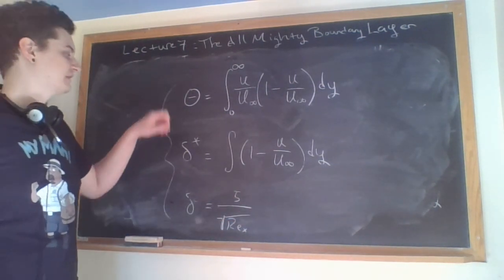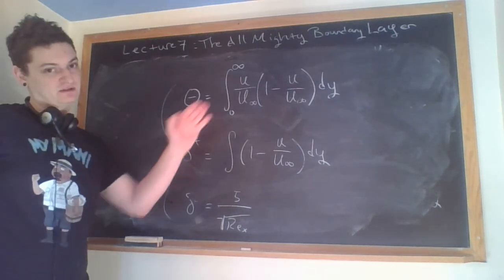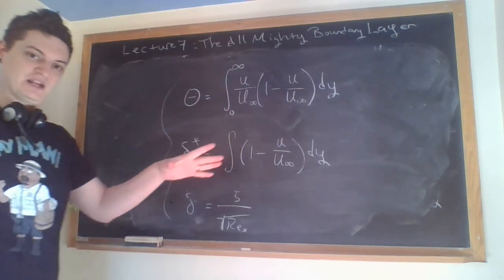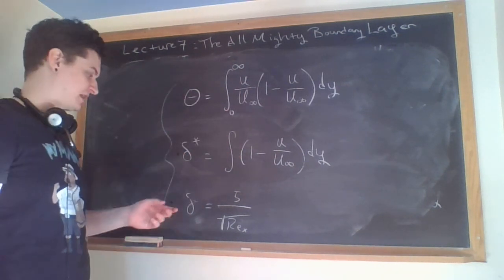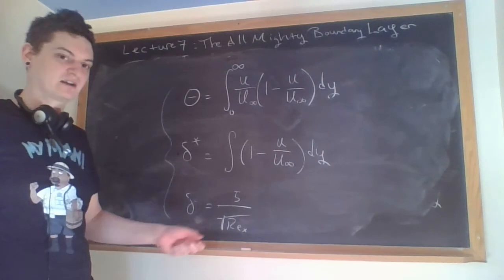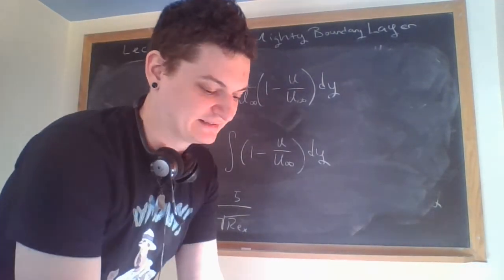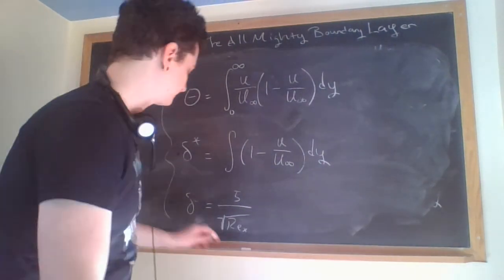You have a momentum thickness, and a displacement thickness, which helps you visualize the streamline deviations going over a body, and then you have the actual boundary layer thickness as a function of Reynolds number. And there's more on the momentum thickness that involves shear, which we'll talk about.